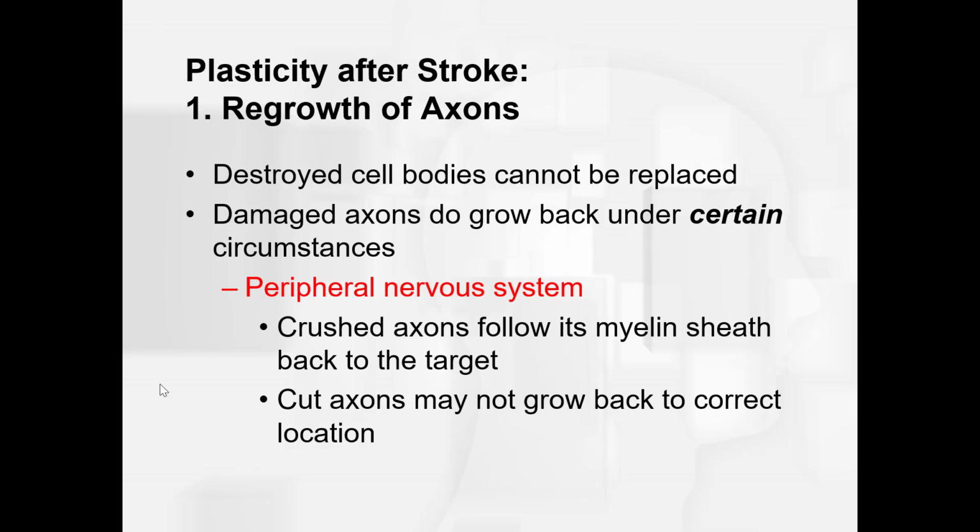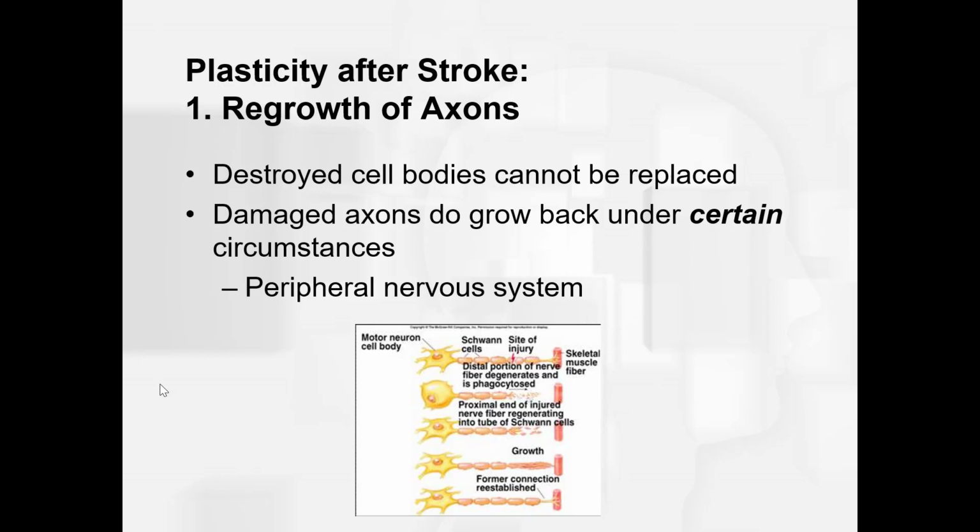Crushed means the remnants of the axon are all still there, all kind of intact, and they have the same pathway. But if you cut an axon, there's something different there, and it may not be able to grow back. It grows in the periphery at a rate of about 1 millimeter per day, so pretty slow. This diagram is trying to demonstrate that for you.